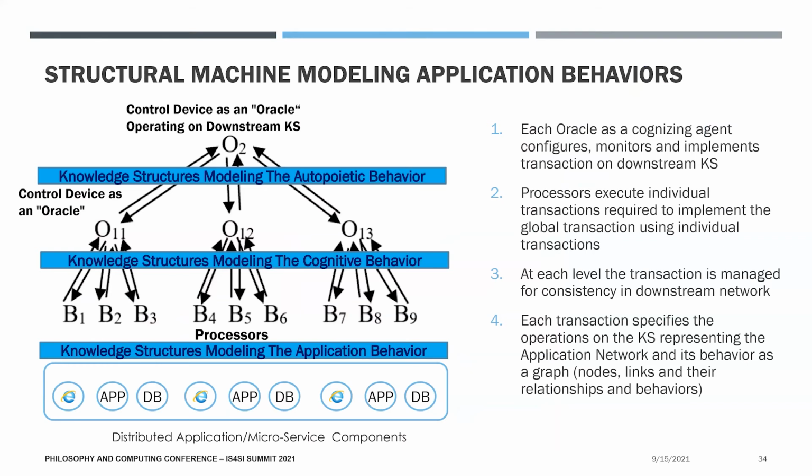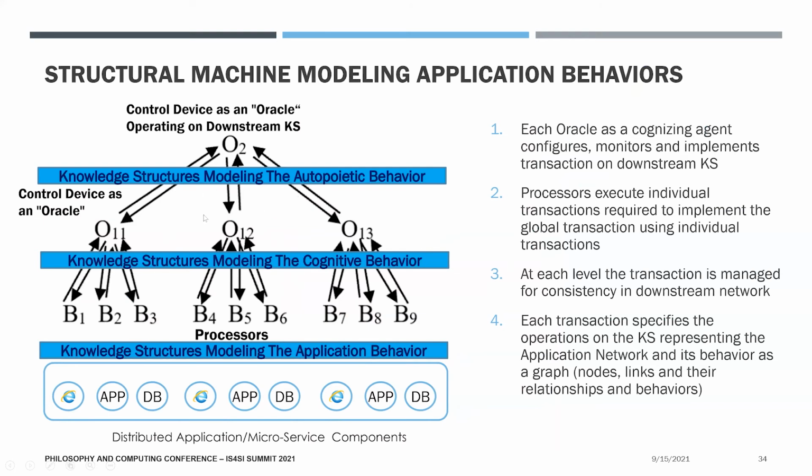So this allows us to now do a structural machine modeling application with behaviors. So you have 3 layers. Here are your applications, and the bottom layer, the knowledge structure modeling the application behavior. We are modeling the behaviors of these, because these are all just entities, relationships, and behaviors. So we model those, and then we use operations on these models as a graph.